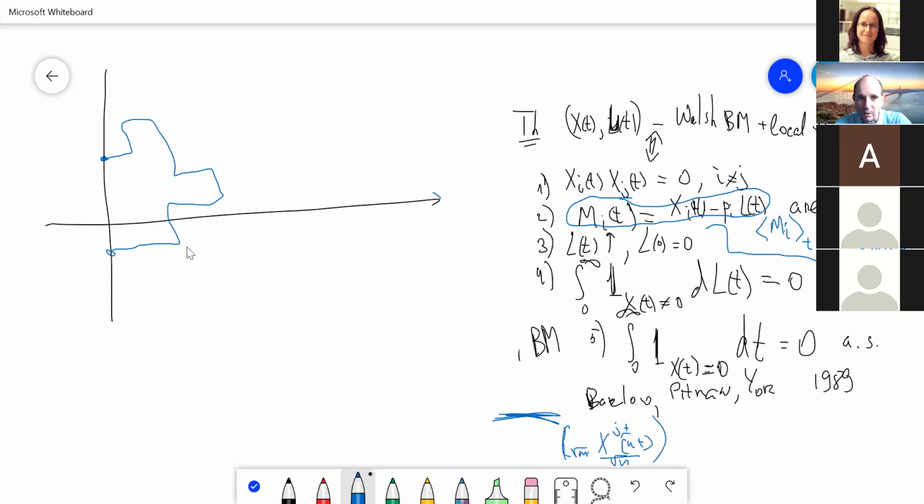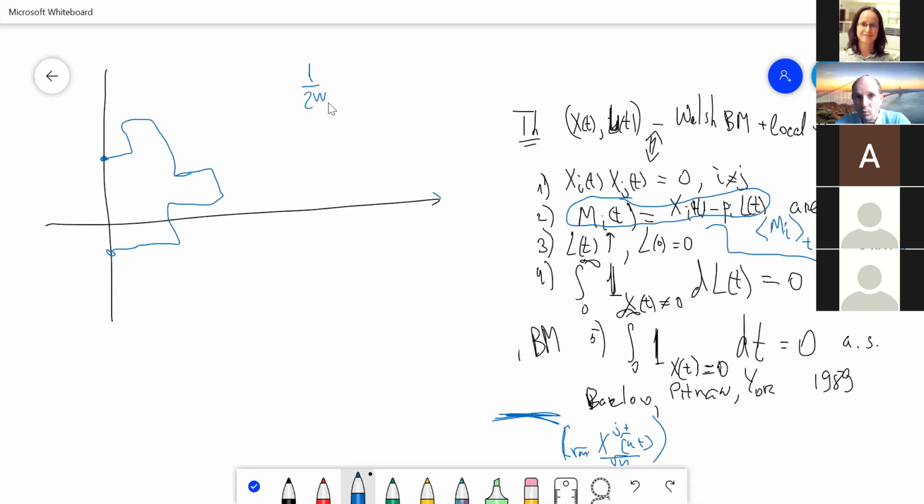When you are here, then x equals a sum of independent identically distributed random variables.